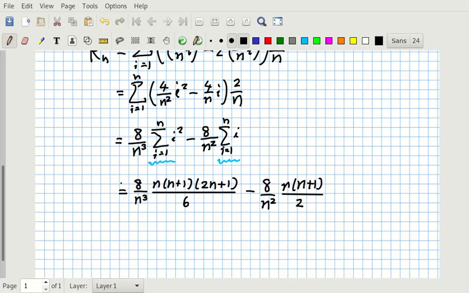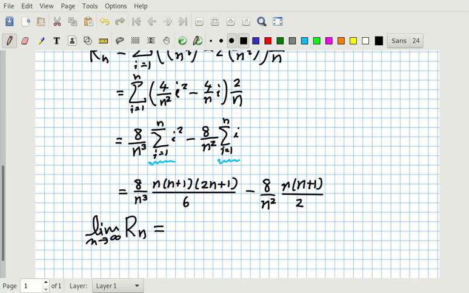Now this is the Riemann sum. Now we take the limit as n goes to infinity to find the definite integral. Looking at this Riemann sum, the numerator has a degree 3 term, 2n cubed, and n cubed in the denominator, so we can cancel.